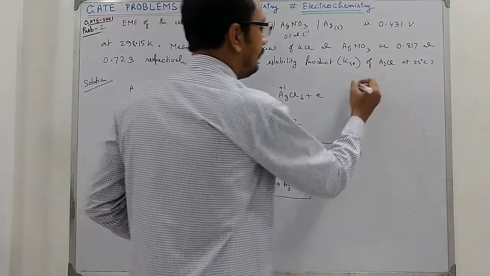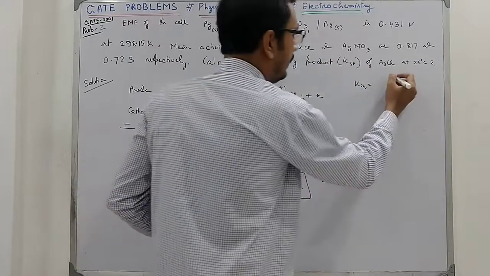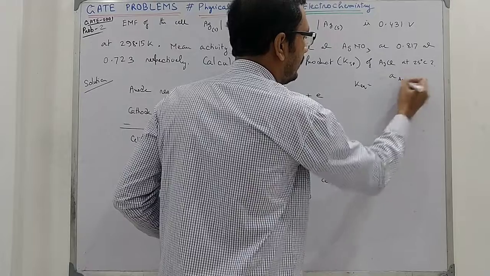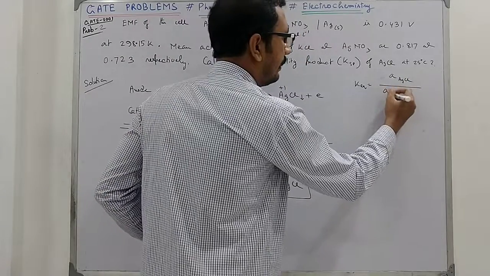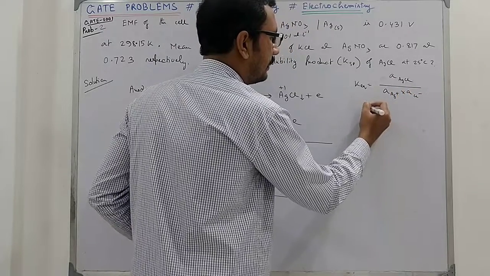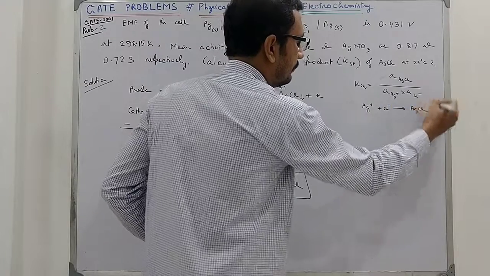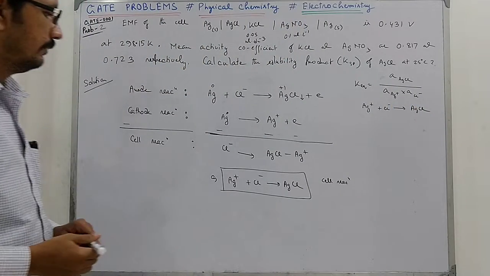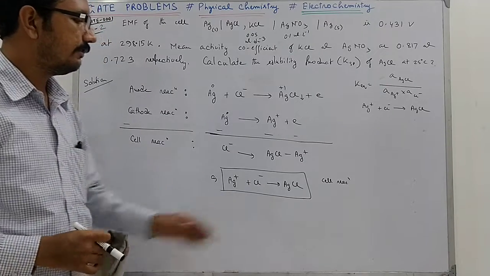Now what will be the K equilibrium for this reaction? We will need it. It will be the activity of AgCl by the activity of Ag plus into the activity of Cl minus, for the cell reaction Ag plus plus Cl minus arrow AgCl. Now if this is the cell reaction, what will be the Nernst equation?